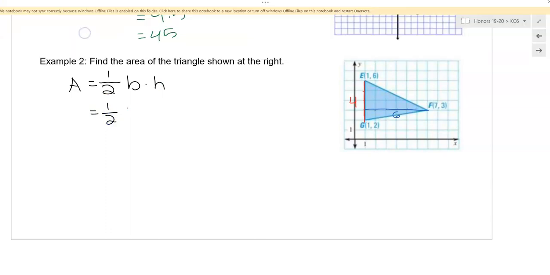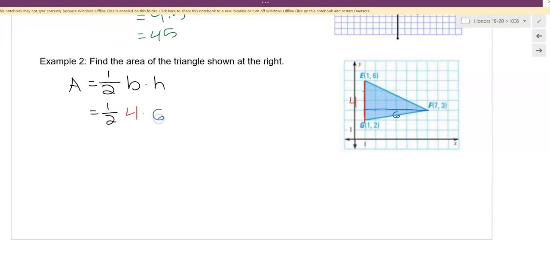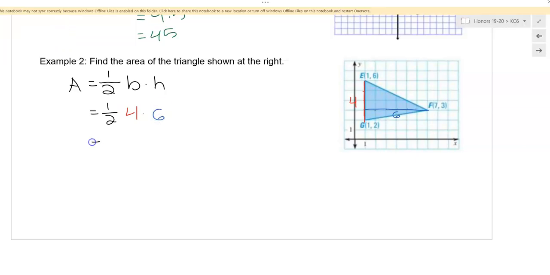Our base here is 4, and our height is 6. When we multiply that all together, 1/2 times 4 is 2, 2 times 6 is 12. This one has nothing I'm adding up, it's just a triangle, so it's nice and easy there.